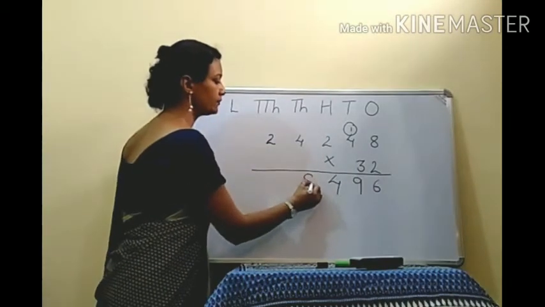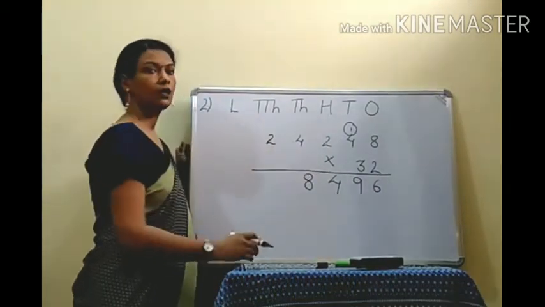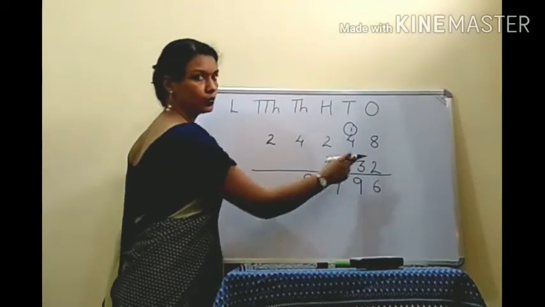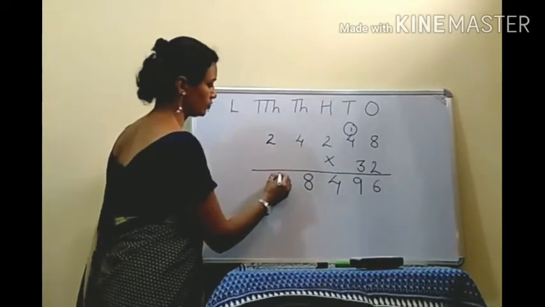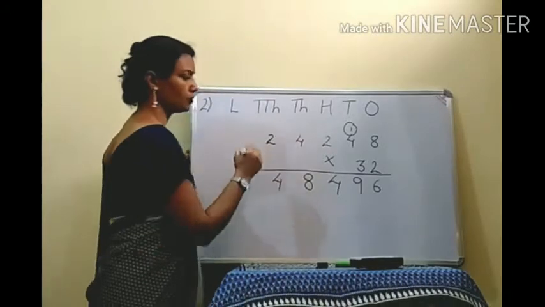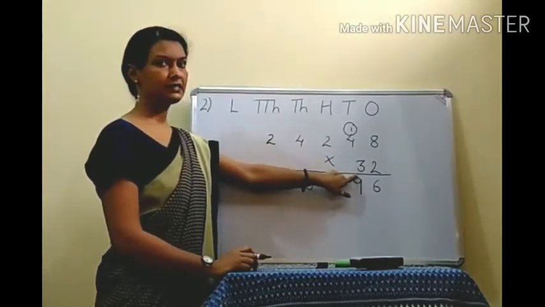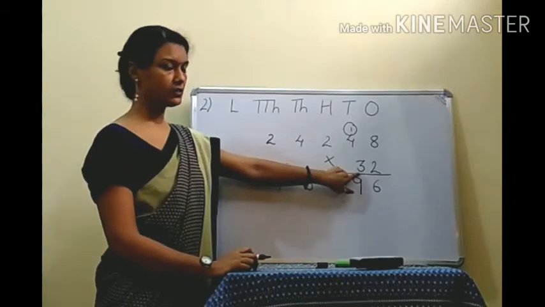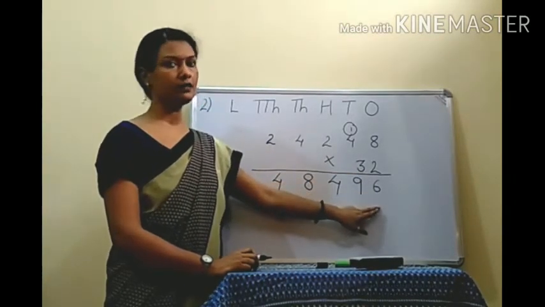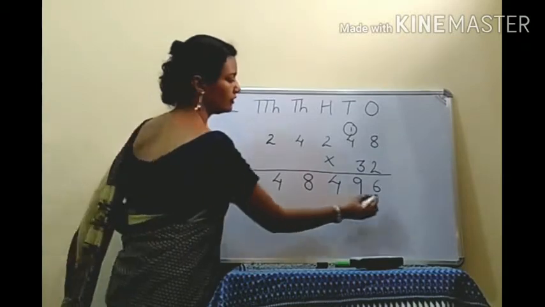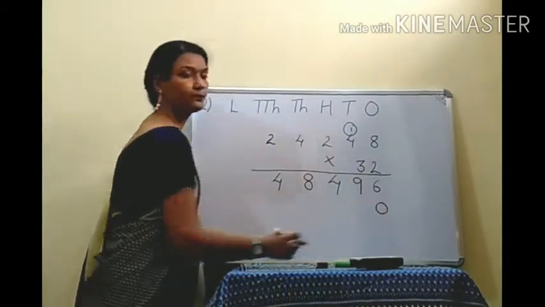So we will write 8. Again 2 into 2 is 4. So we will write 4 here. Now what I told you: when we multiply by the tens place, we will write 0 in the ones place. So we will first write 0 here.